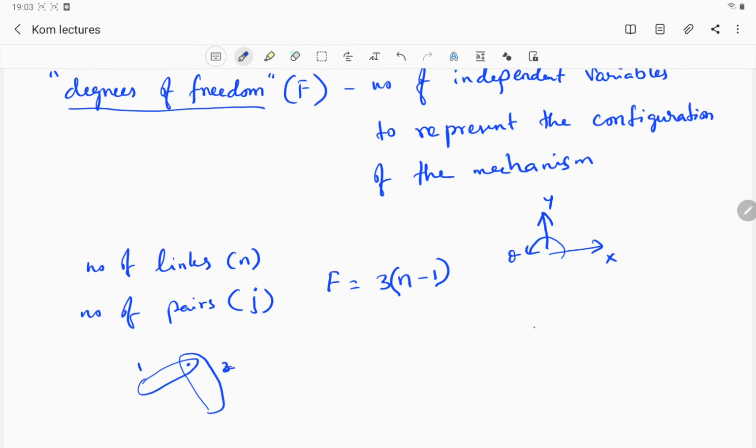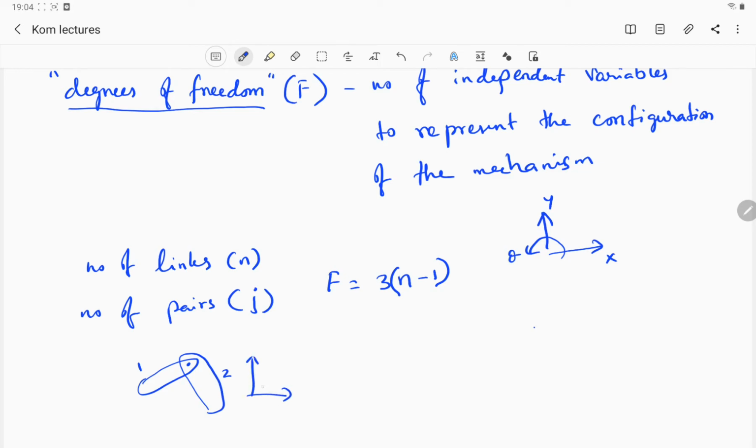Link 1 will have 3 degrees of freedom and link 2 will have 3 degrees of freedom, but the moment I connect link 1 and 2 using a kinematic pair, a hinged pair, there will be only 1 degree of freedom for link 2 with respect to link 1, because with respect to link 1, link 2 cannot have this motion or this motion.